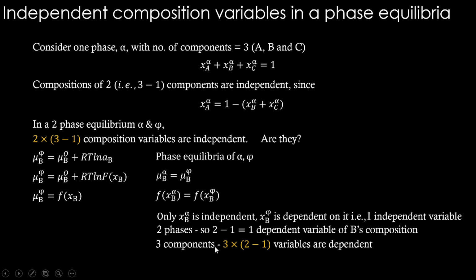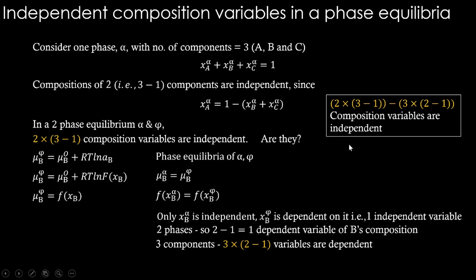We thought so many were independent, but among them these many are dependent. Therefore, we take the total we thought were independent and subtract these many dependents that we figured out from the chemical potential equality. So only these many composition variables are independent.